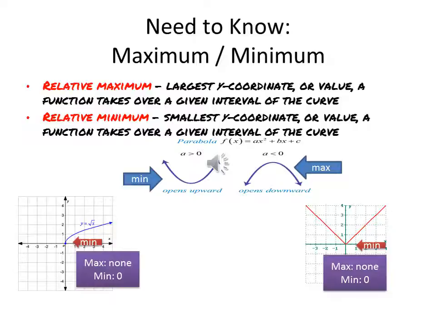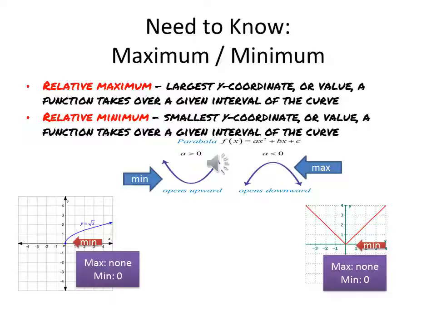It will be at the very top of the curve. The relative minimum is the smallest y-coordinate or value a function takes over a given interval of the curve. The minimum occurs when the parabola opens upward. Once again, the minimum occurs when the parabola is open upward.